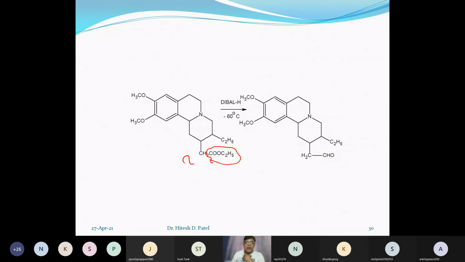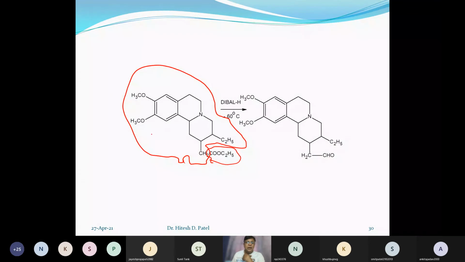The rest of the part you can consider as R1, and this part is R2. So what I am having now? R1 means my big molecule, C double bond O, O, R2 means my small molecule, that is C2H5. So focus on this part only.